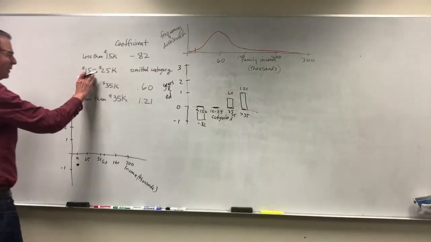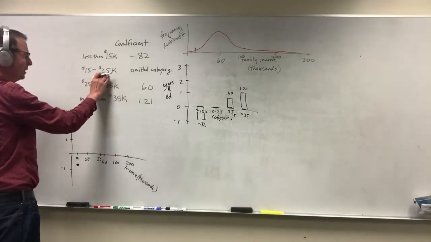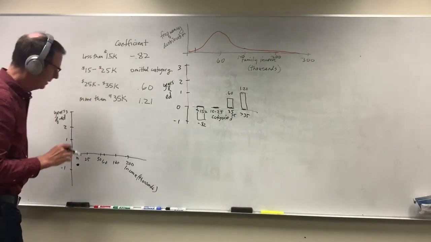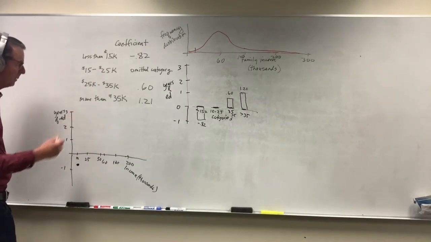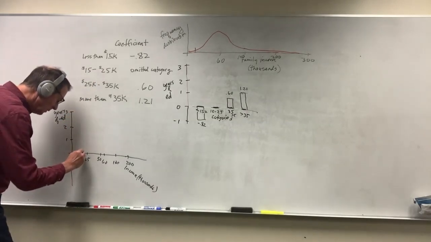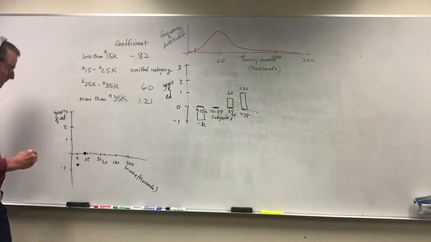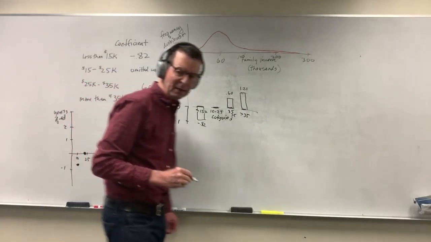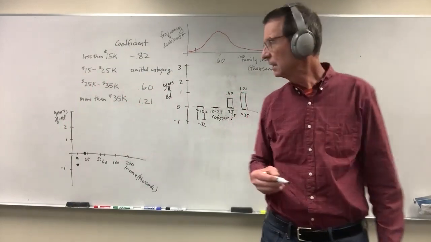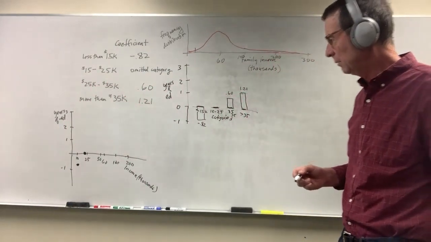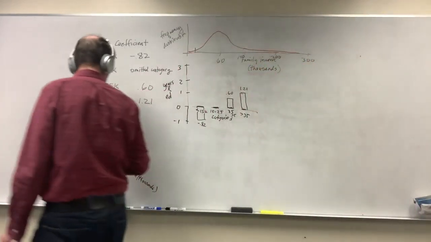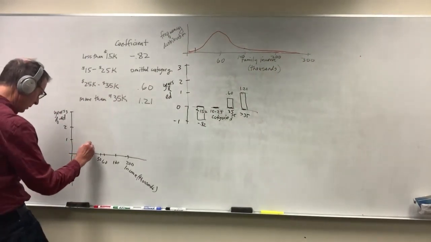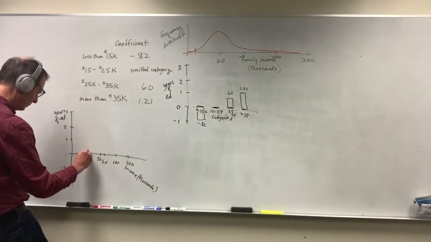Well, we have to guess at what the average income is between 15 and 25. And that's probably going to be about halfway in between, 20. So at 20, we've got a 0. Now, if we go up 25 to 35, again, the average is going to be halfway in between, about 30,000. So once we get up to 30, we're up to 0.6.